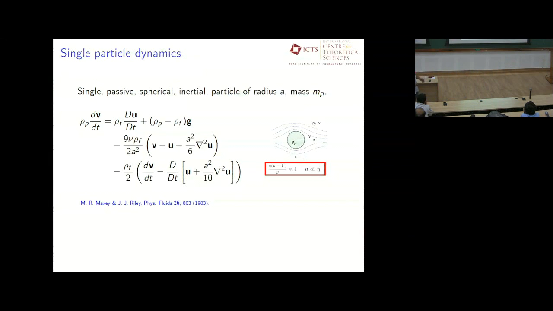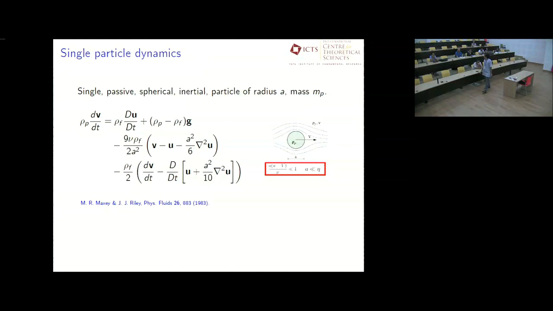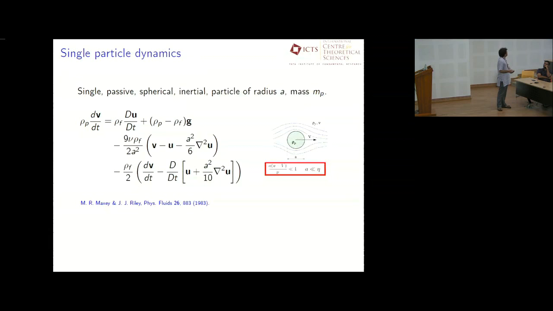You come up with a rather complicated looking equation for someone doing simple asymptotics or numerical simulations to digest. This is the famous Maxey-Riley equation, which looks at all the forces which act on a little drop of water in air.